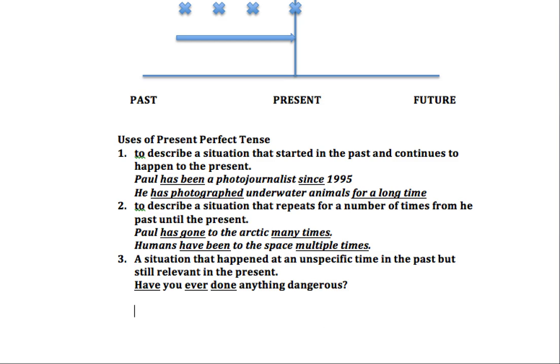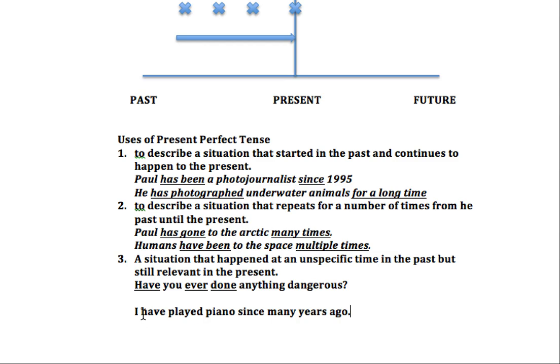Another example is when you say, I have played piano since many years ago.